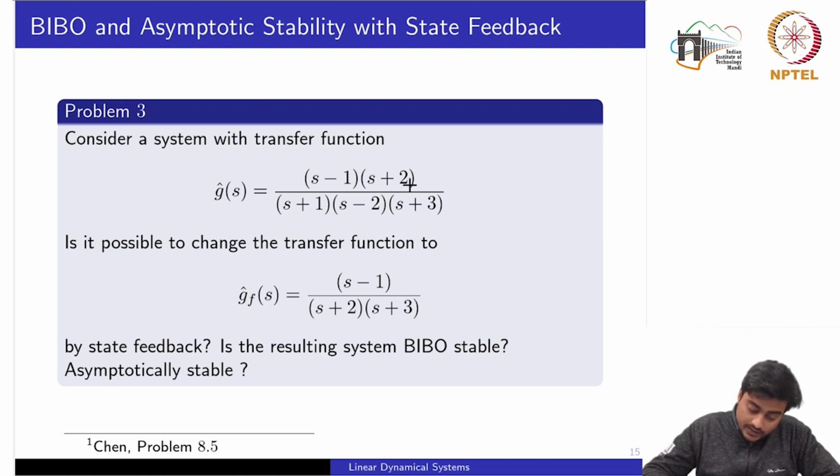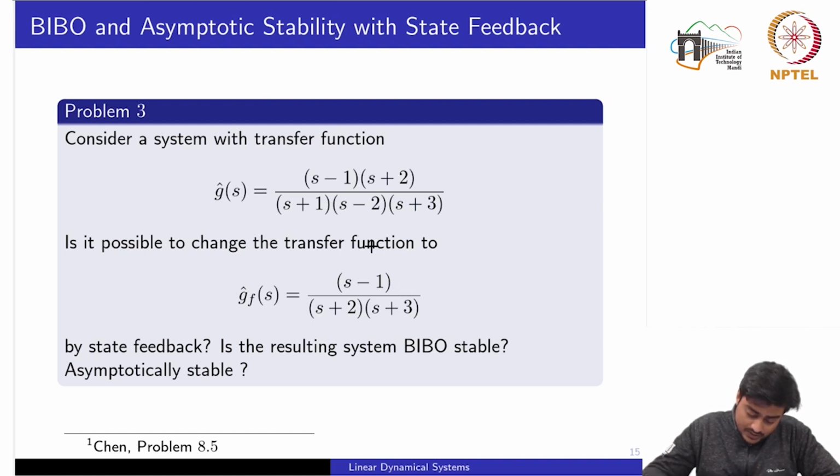But here you would notice readily that one of the zeros, located at -2, is not available in the closed loop transfer function. We said we would discuss this aspect next week when we discuss more about observability.